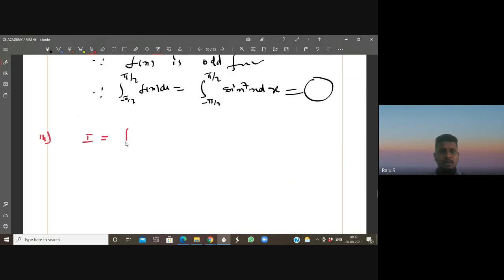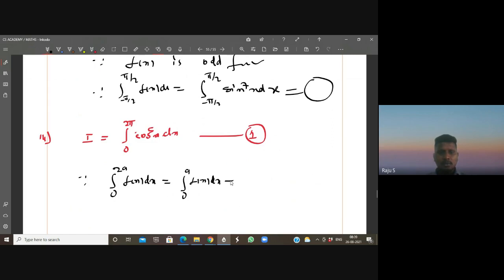I is equal to integral 0 to 2 pi cos to the power of 5x dx, right? Let us take this as equation 1. Since there is a formula, integral 0 to 2a f of x dx can be written as integral 0 to a f of x dx plus integral 0 to a f of 2a minus x dx.